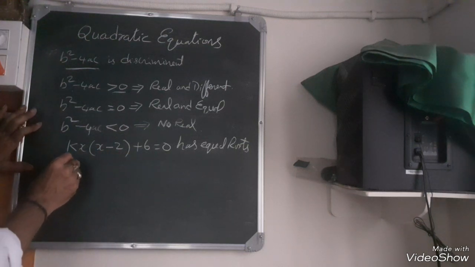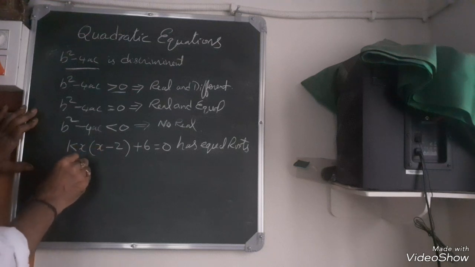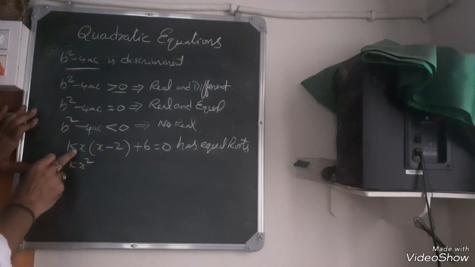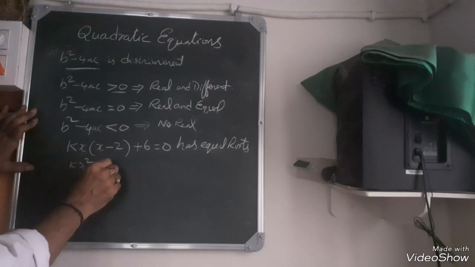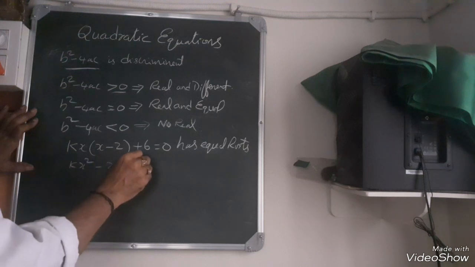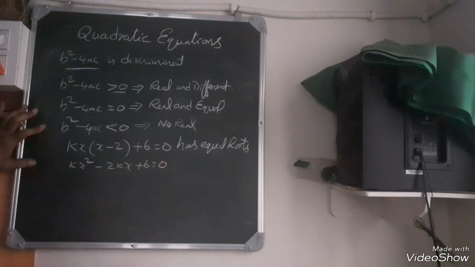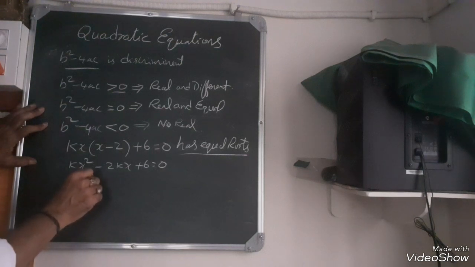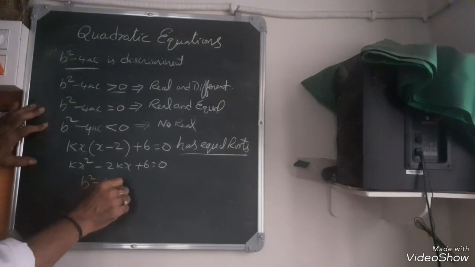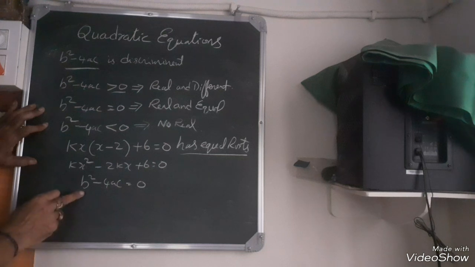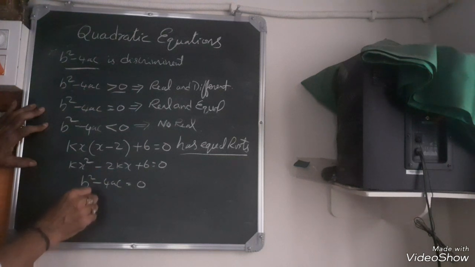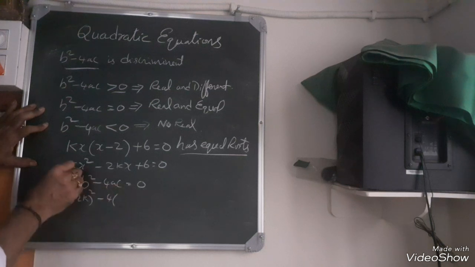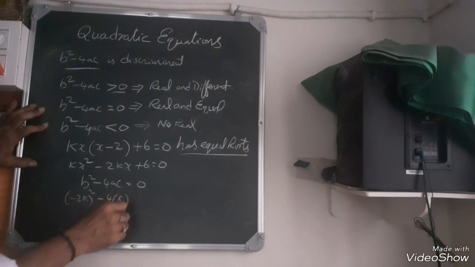You multiply kx into x, kx square, kx into minus 2, minus 2kx, plus 6 equal to 0. So here also it has equal roots, so we can apply the condition b square minus 4ac equal to 0. So what is b? Minus 2k. So minus 2k whole square minus 4 into a, k, into c, 6.